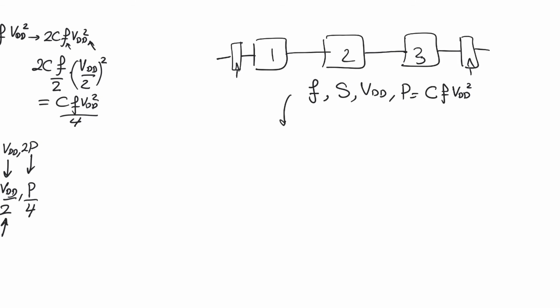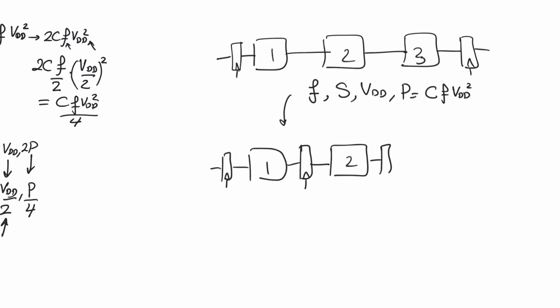Now assume that we perform internal pipelining on this network, and also assume that each of these blocks has equal delay. This is the best case for pipelining, because it reduces our critical path by the maximum amount. If the original pipeline had a critical path delay of t, we now have a critical path delay of t over 3, which means the operating frequency has more or less tripled.